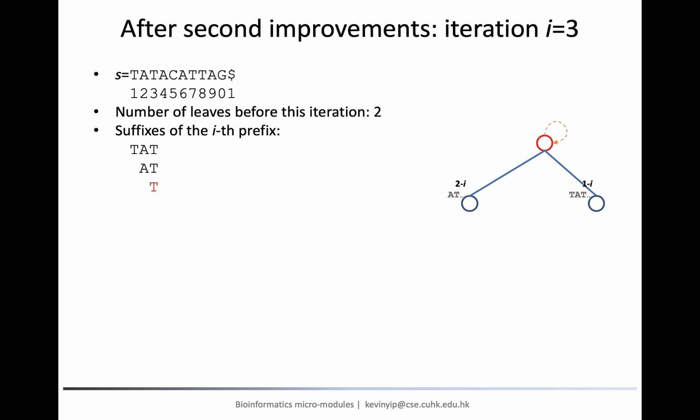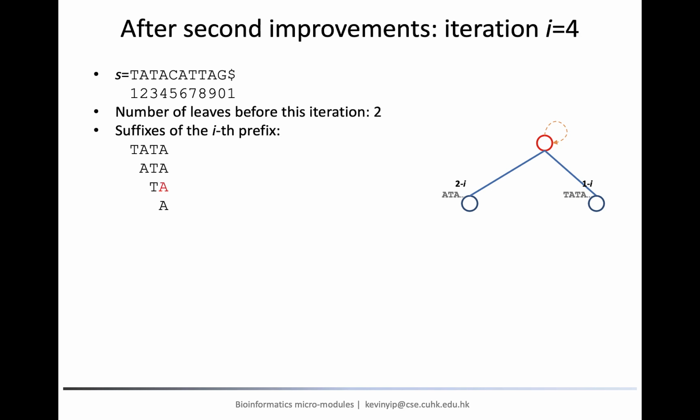Next, we start iteration 3, and we skip the first two insertions since they are all of type B. For the third insertion, which is about the suffix T, we find that the current node already has a child with a label starting with T. Therefore, this is a type C insertion, and we end this iteration directly.